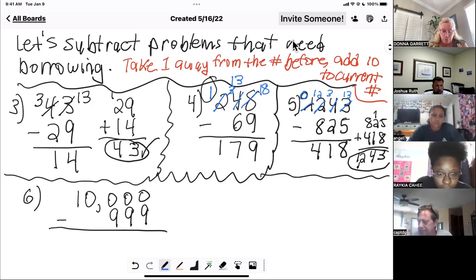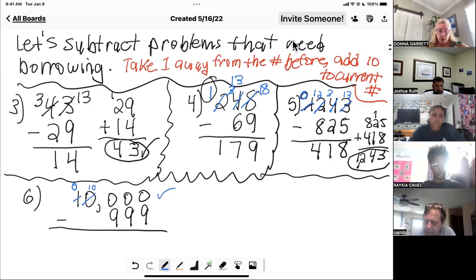Okay, here we go. So I can take 1 away from the 1 and make it a 0, which means this becomes 10. Again, same procedure. You take 1 from the one before and you add 10. But I need to get all the way down to here. So I'm going to take 1 away from 10 and make it 9. And I'm going to make this one 10. So I took 1 from the one before and I added 10.